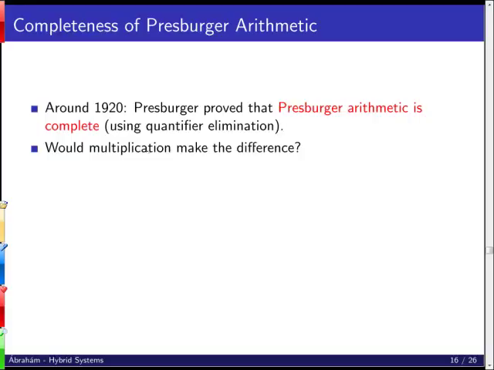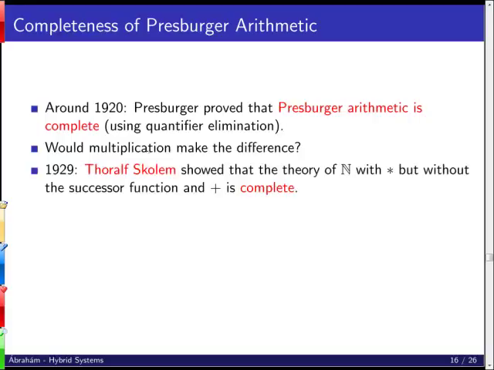The first one was Presburger, who just omitted the multiplication and said, okay, if we do not use multiplication, then he proved that Presburger arithmetic is complete. Complete means that you have a decision procedure which gives you an answer to a question. Then Skolem also worked on this problem, and he showed that if we take the multiplication but do not take addition, then it is also complete.